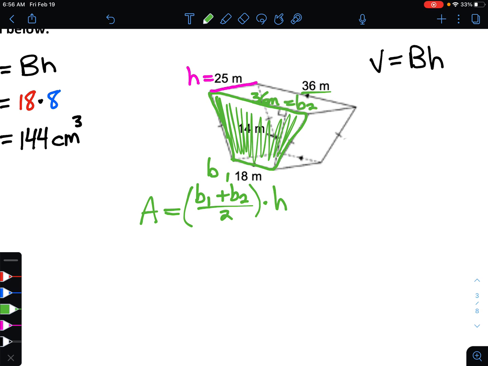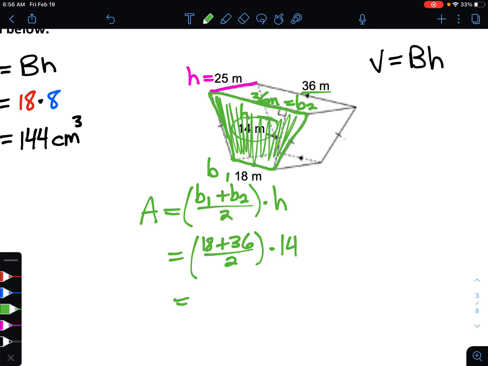That's going to be our base 2. And then our height got kind of covered up when we shaded this in, but that's going to be that 14 meters right there. So to find our area, we're going to take base 1, which is 18, plus base 2, which is 36, divided by 2, and multiply that by our height of 14.